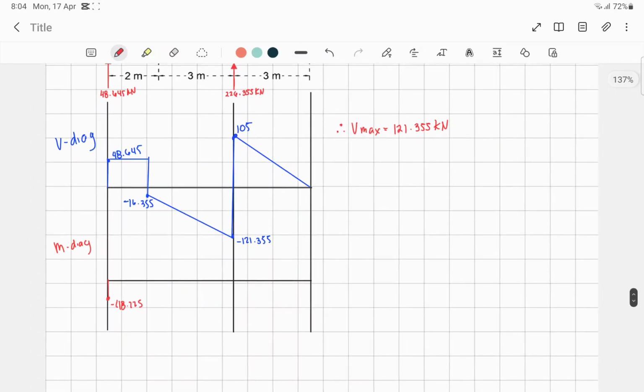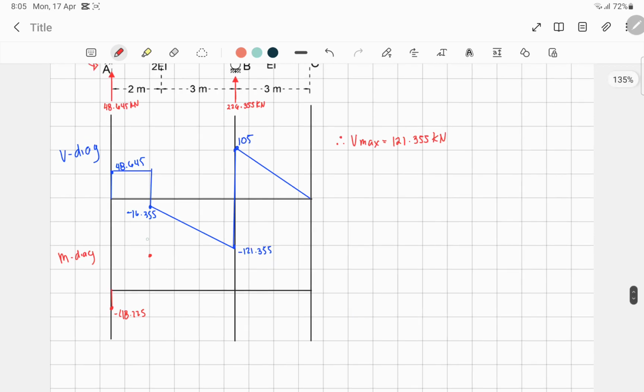And then, we have this rectangular na shear diagram. So, yung area ng shear diagram, yun yung ating moment. So, negative 48.225 plus 48.645 times 2, that is equal to... Wait lang. So, dito lang dapat siya. 49.065.